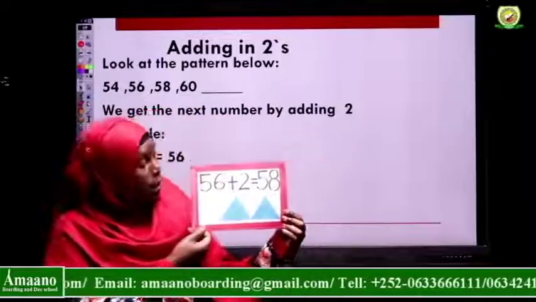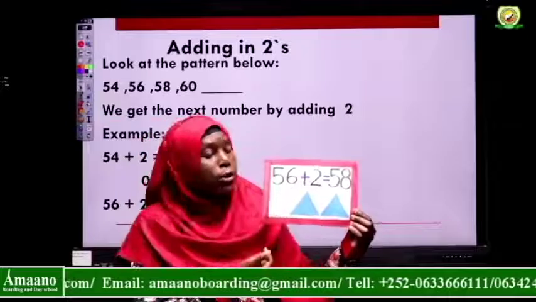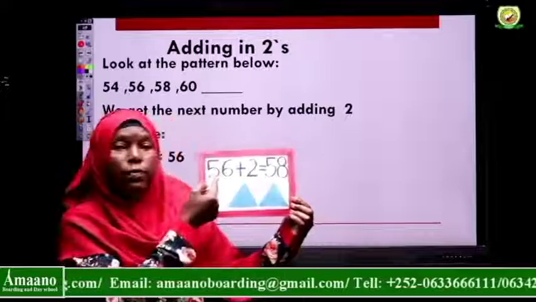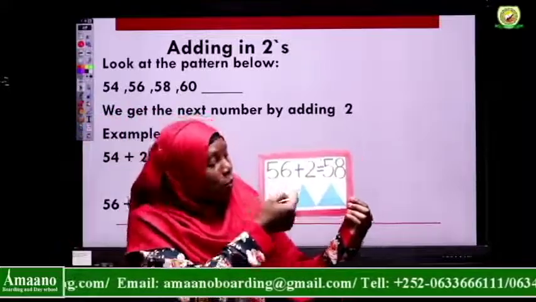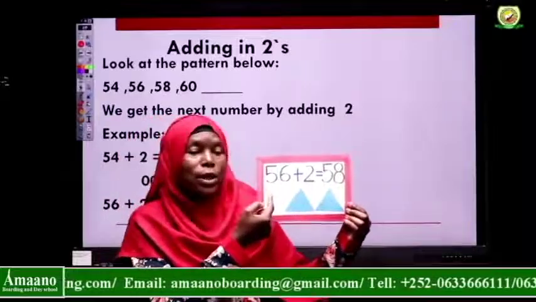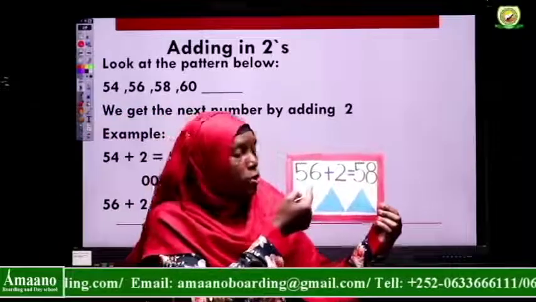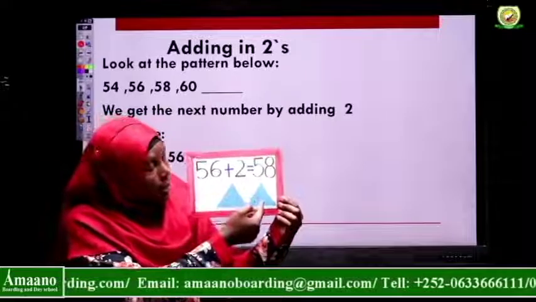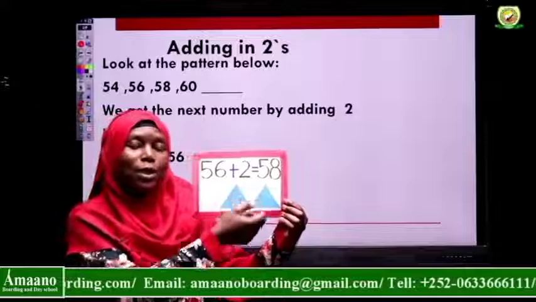We have 56 here plus 2. What are we going to do again, children? We are just going to continue counting. We have 56, so we count 57, 58. I repeat again, this is 56, so continue counting the triangles with me. It will be 57 and then lastly 58. What will be our answer, children? 58.